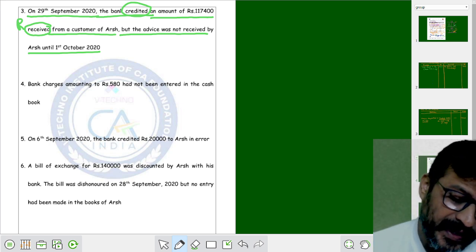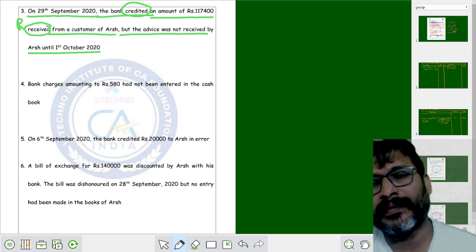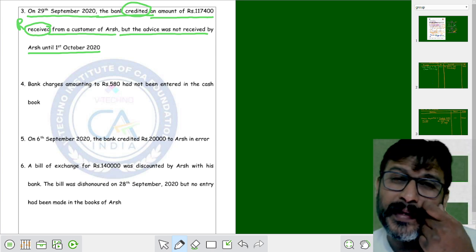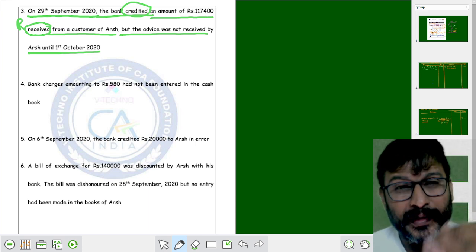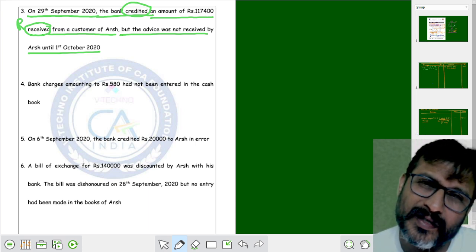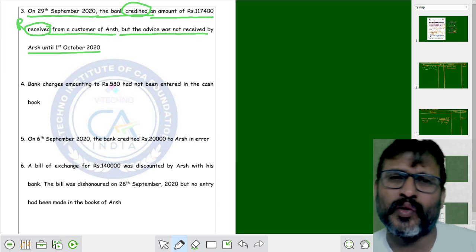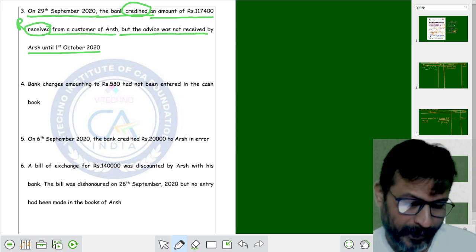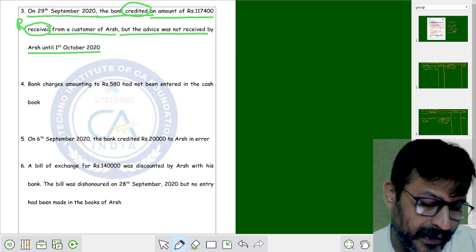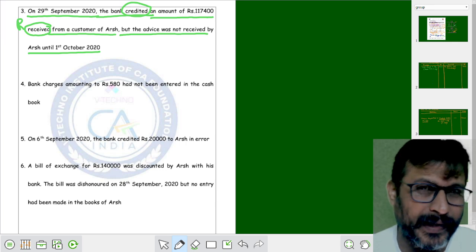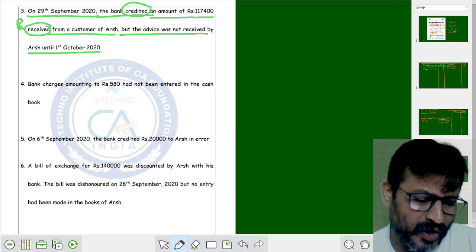Why is this sentence presented over there? When the advice is received or not received, it speaks about the entry or no entry in the cash book. Credited by the bank regarding a receipt from a customer, advice was not received.